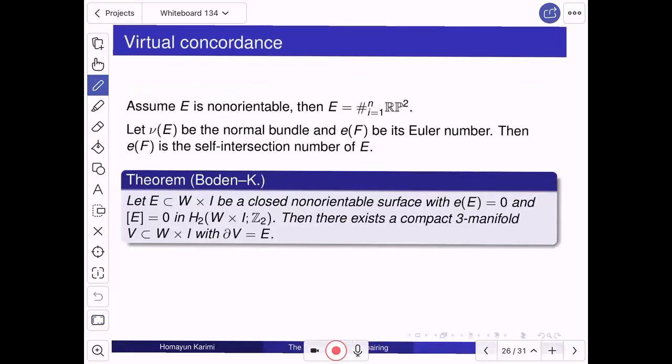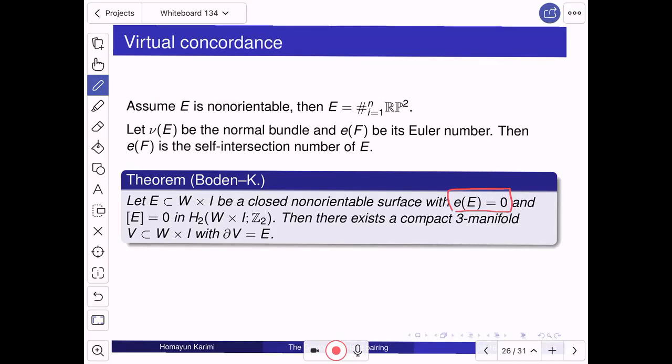And here is the result that we have. So first of all, if you start with a non-orientable surface, that's the connected sum of RP2s, and if you look at the tubular neighborhood of E, and let e be the Euler number, which is the self-intersection of E inside the tubular neighborhood, then the necessary conditions that you should have in order for E to bound a three-manifold: first, the Euler class of E should vanish.